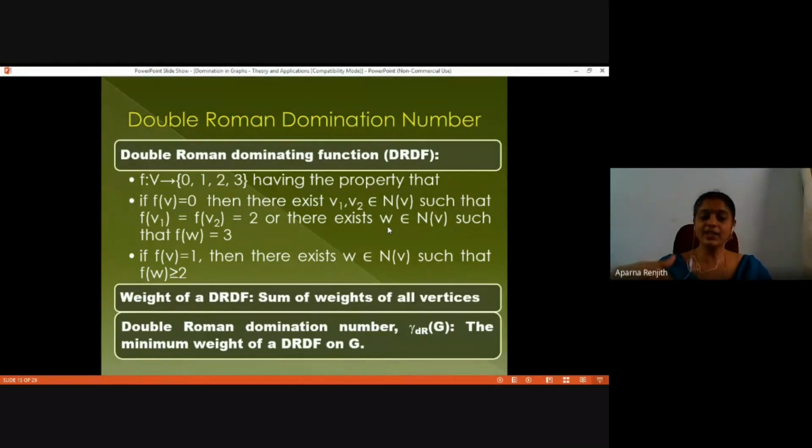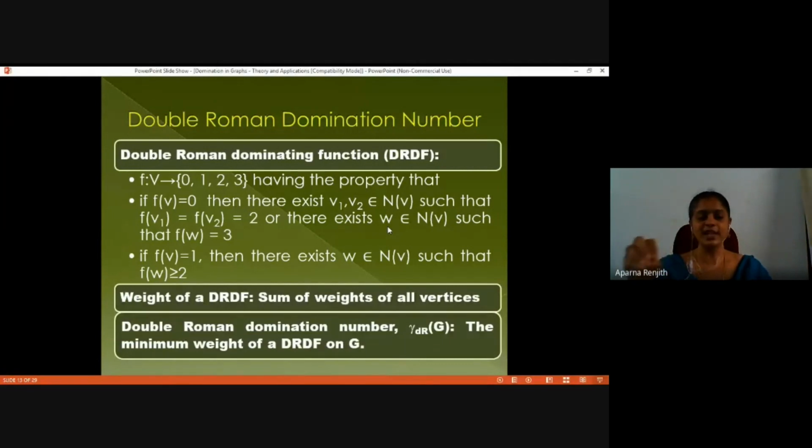And every vertex which is assigned the value 1 must be adjacent to at least one vertex of value greater than or equal to 2, either 2 or 3. It must have a neighbor with this property. So 2 conditions are there, for vertices labeled 0 and for vertices labeled 1.